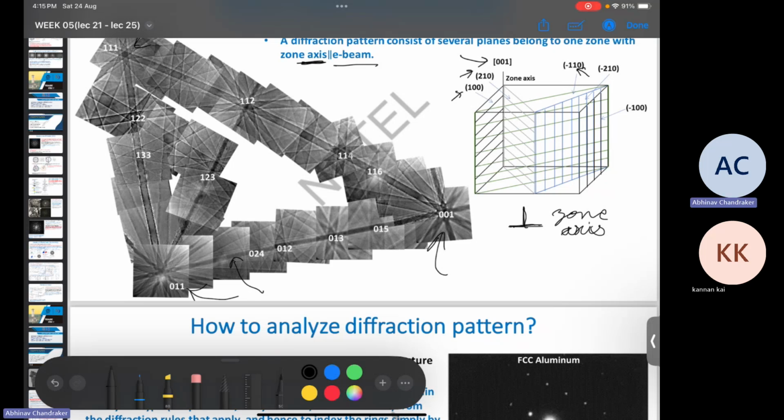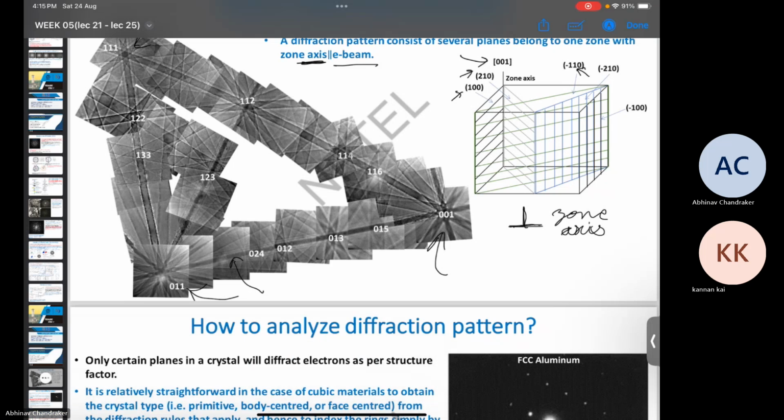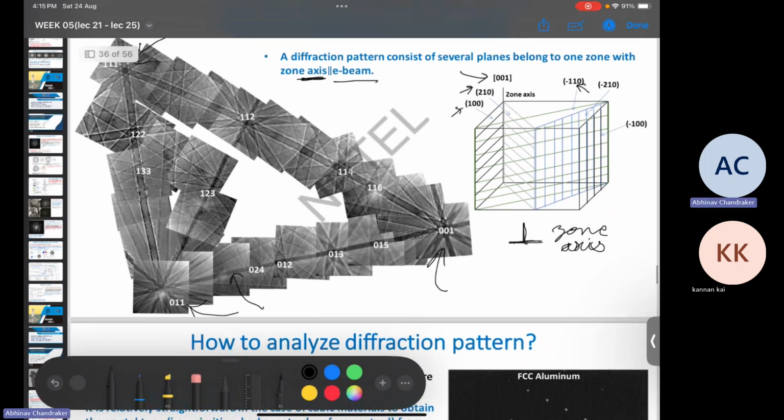So we have these bands which are oriented at different angles, overlapping on each other, and there are some points where they all meet each other. For example, here they are meeting together, lots of different bands, and this particular point is actually called a zone axis. So this is a 0 1 1 zone axis, and all of these bands are actually Kikuchi bands.